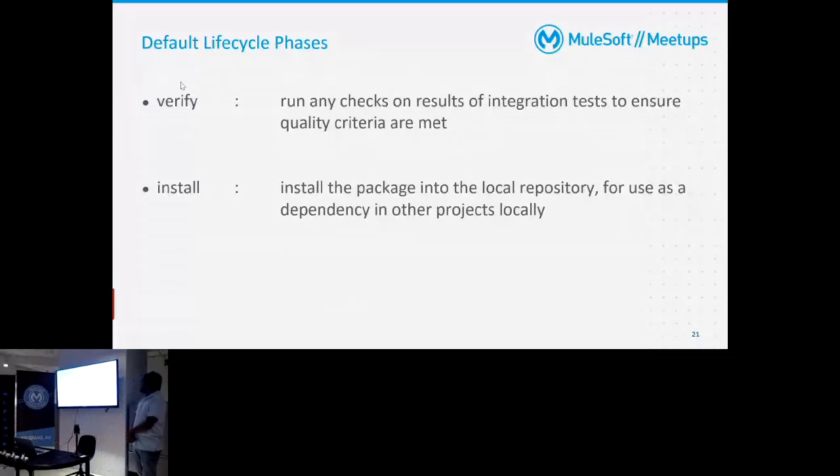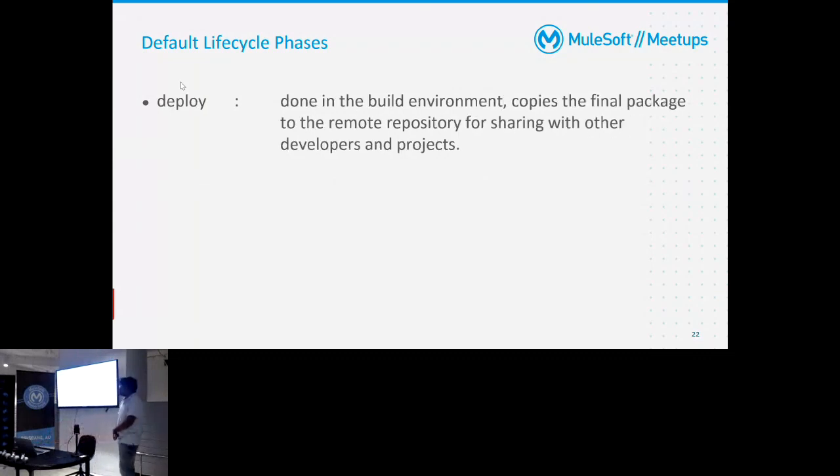After that, we have verify and install. Verify will run any checks on integration tests, and install will normally install your package to a local repository. The last phase will be deploy, which will deploy your application in the build environment and copy the final package to the remote repository.